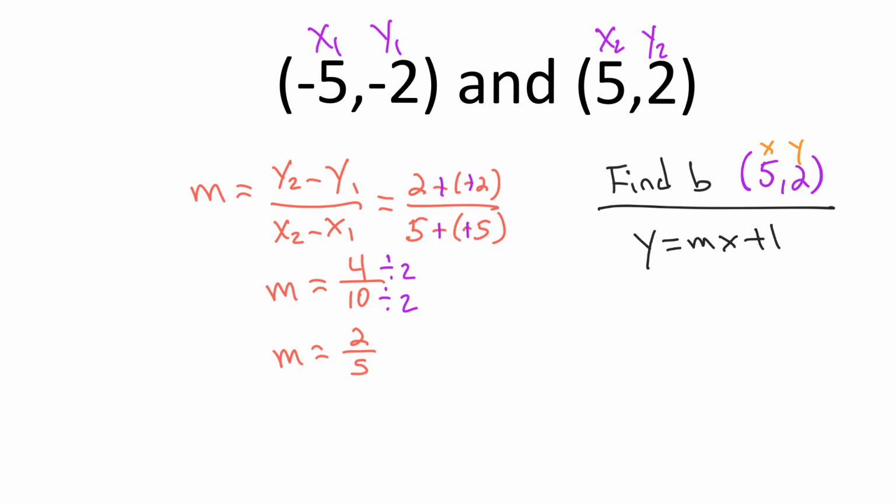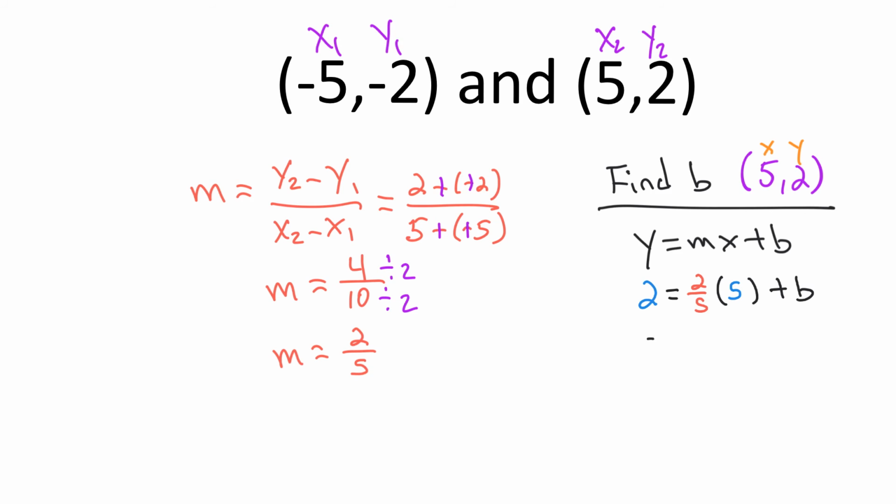So here's the formula. I have y, I have x, so here's the y, I have the x, and the m is right here, a fraction. So we will have 2 is the y equals 2 over 5 is the slope, and I'm going to multiply by x, which is 5, and plus b.